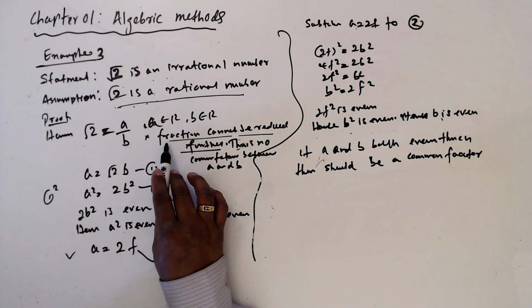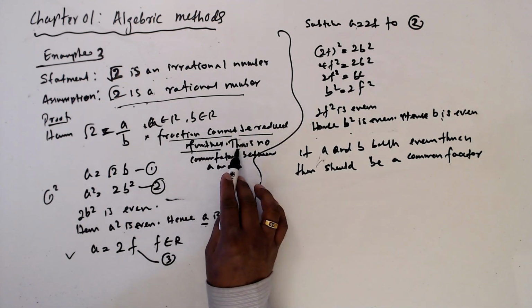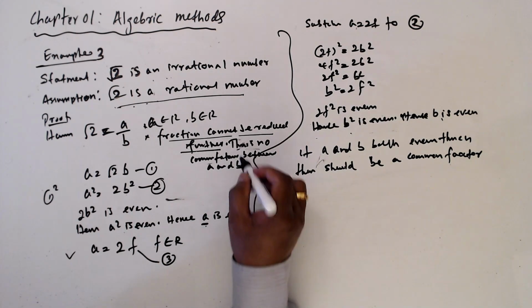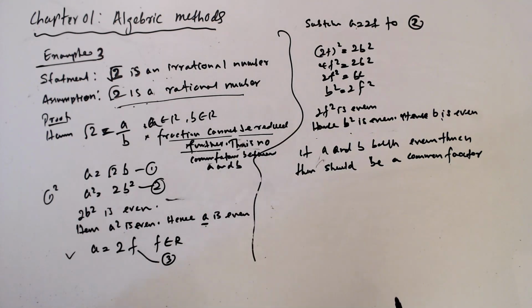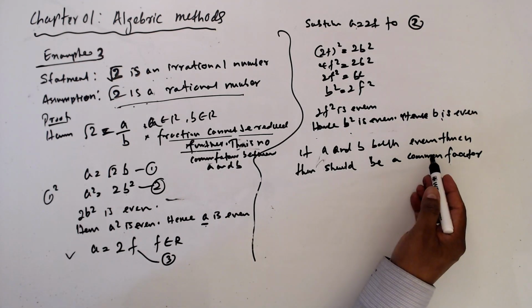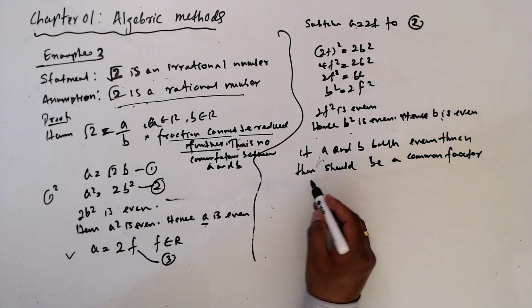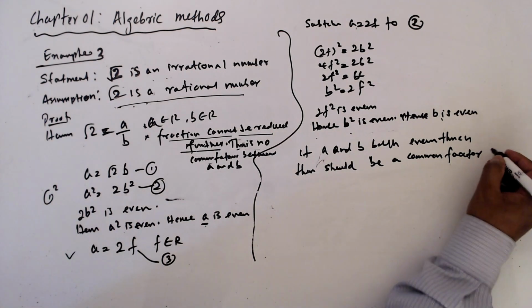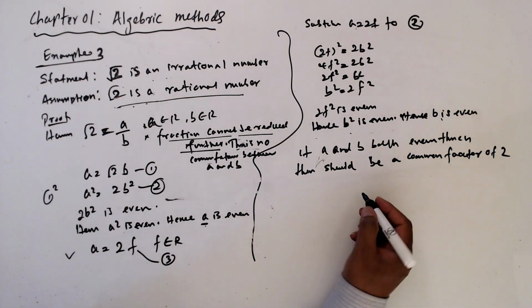So the fraction cannot be reduced further. It means there is no common factor. That is the hidden meaning behind it. So if a and b are both even, then there should be a common factor. Common factor of 2. We saw that.